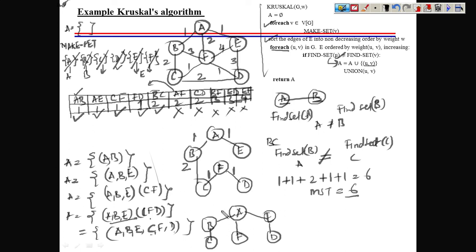And in this case also, BC is not required. This one is 1, this is 1, and this is also not required. So that means we have this structure.